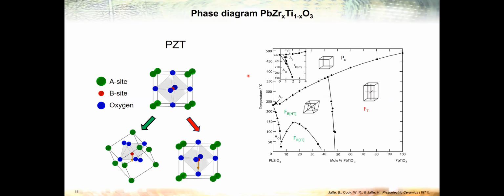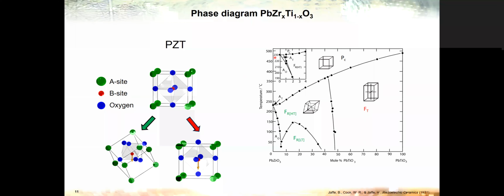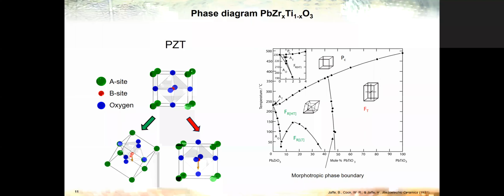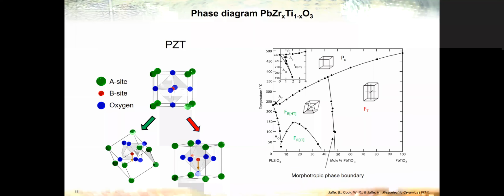Okay, so when we look at PZT, a typical material which is still technically used, here we see the phase diagram. We have here a morphotropic phase boundary. It's almost vertical and separates a rhombohedral stability region where you have the polarization direction along the 111 direction from a tetragonal stability region with a polarization direction along the 001.